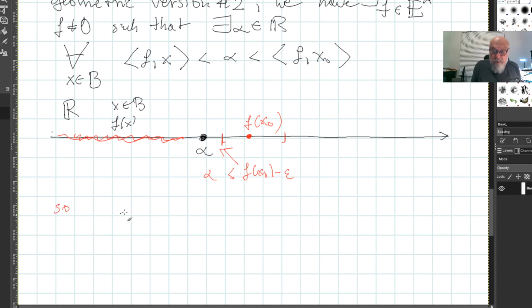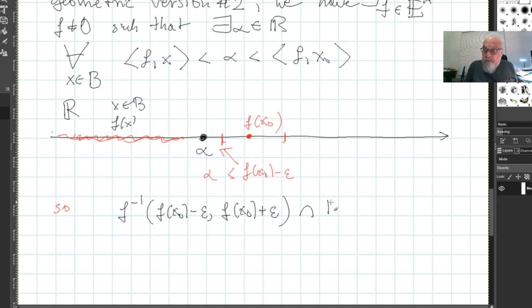So you can write f inverse of the interval from f of x naught minus epsilon to f of x naught plus epsilon, intersection with B, with f of B, is empty set. With B is empty set.